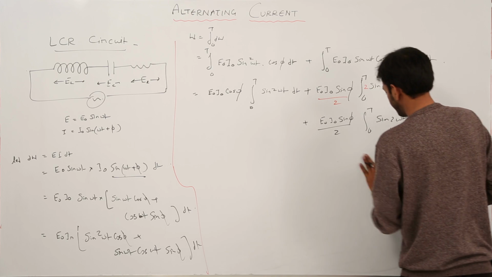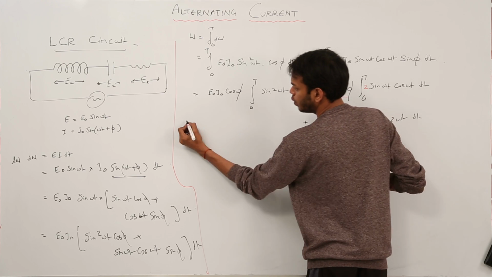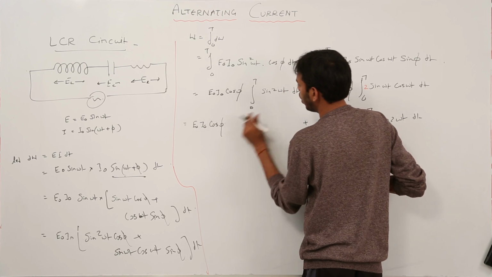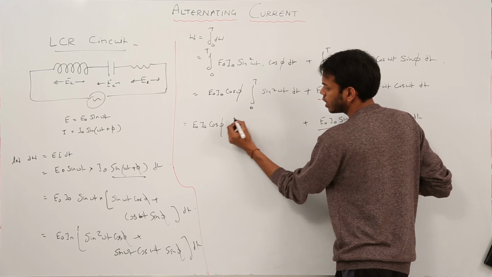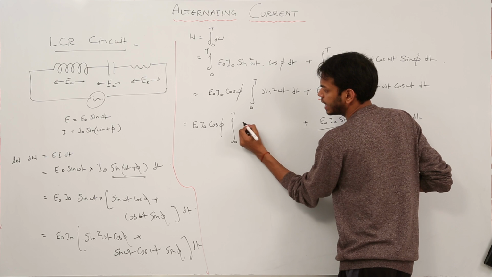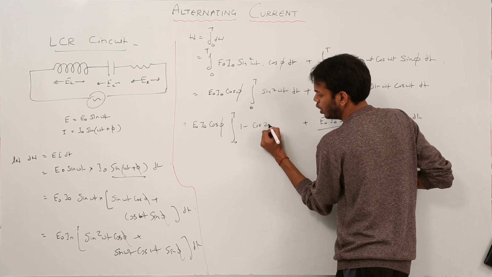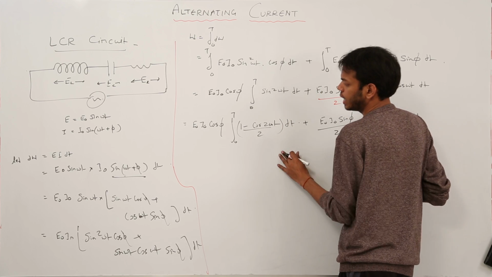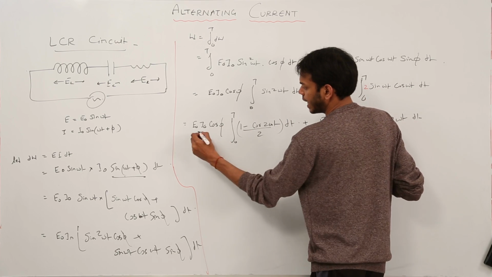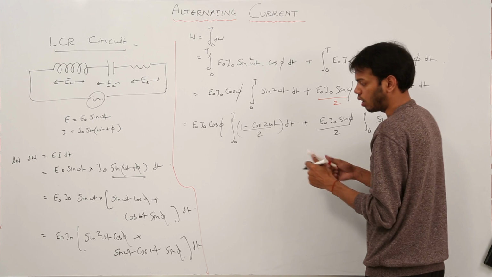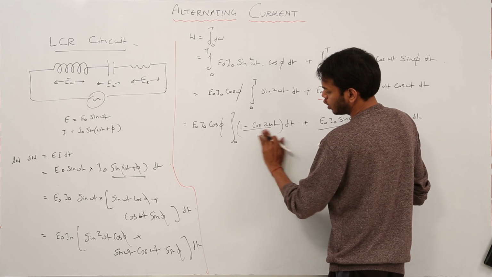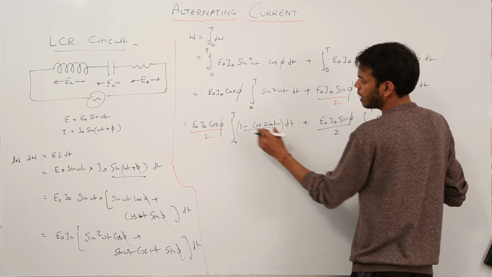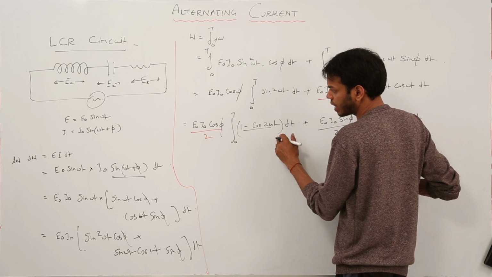With this, I have to first change the value of sin square omega t into what? We have also done that. This is 1 minus cos 2 omega t over 2 dt. When I take this 2 outside and open the brackets of the integration, you will have two separate integrations.